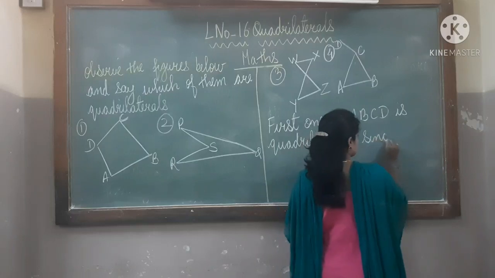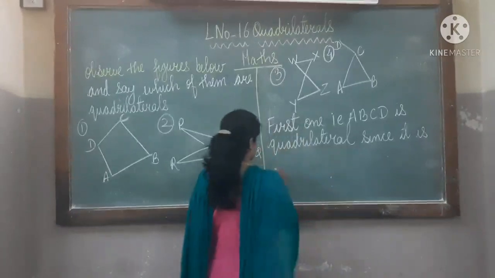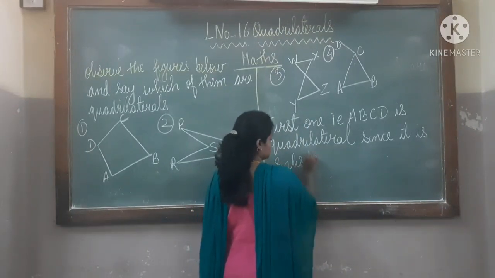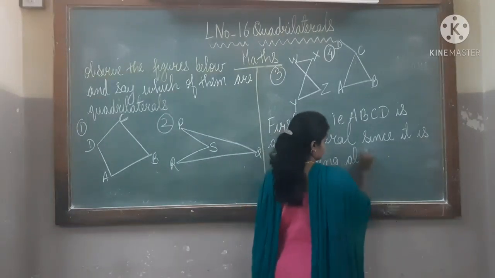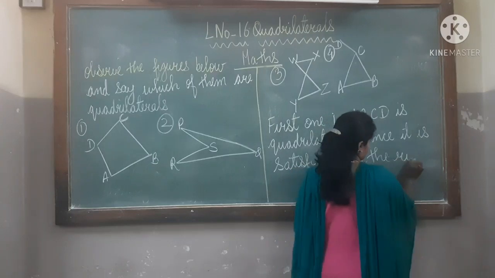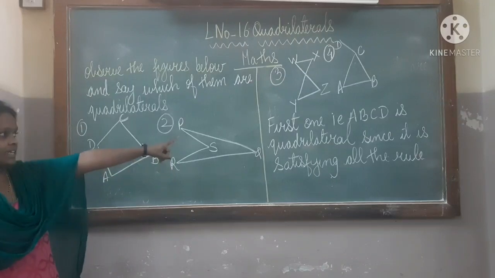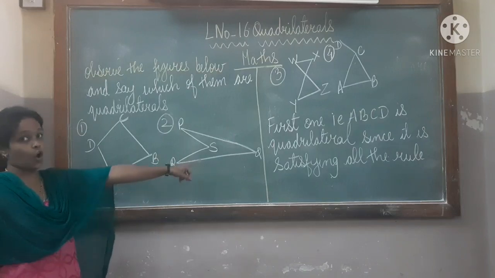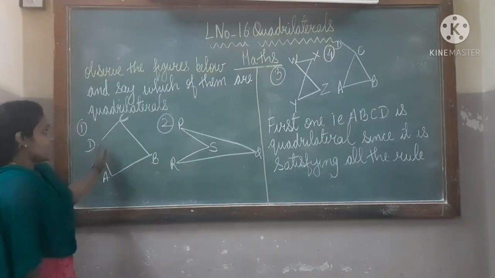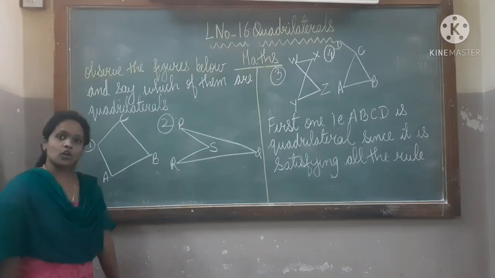Since it is satisfying, a quadrilateral is a closed figure. So this first one is satisfying all the rules. That's why this is a quadrilateral.